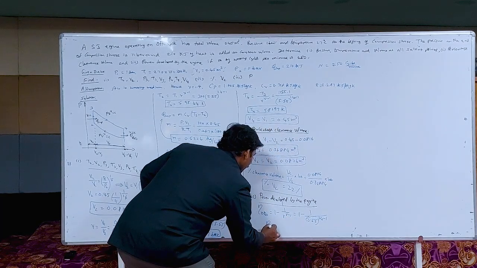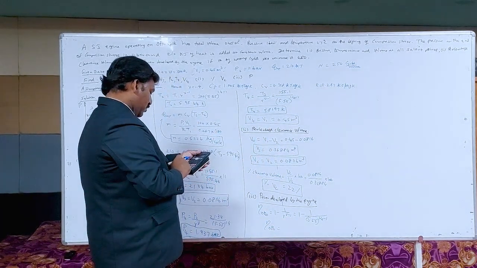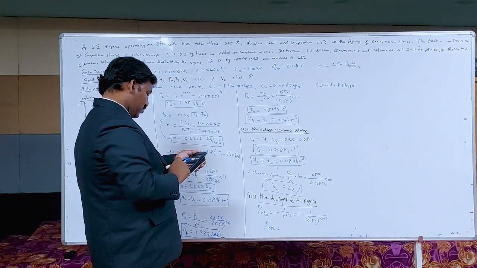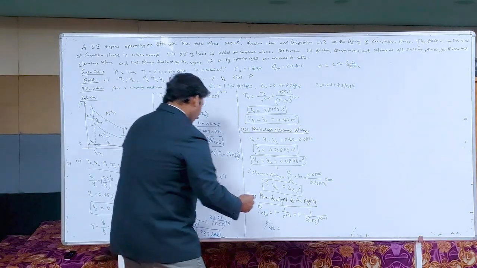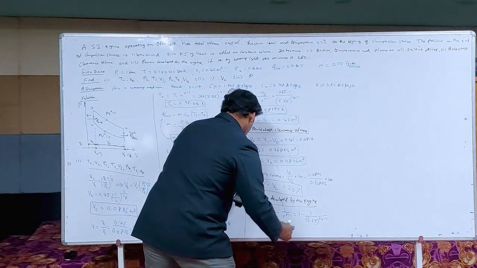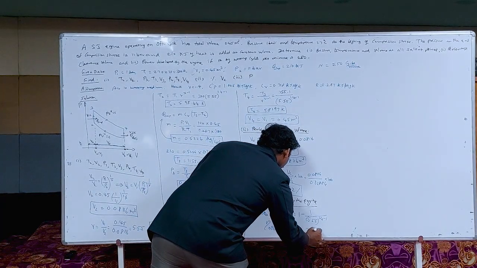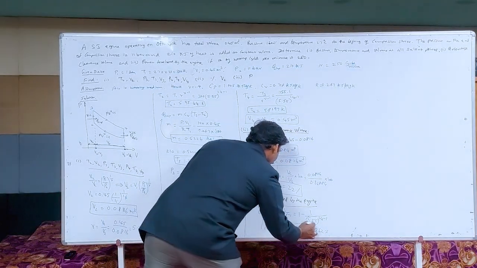So the efficiency is 0.496162, that is 49.62 percent. This is the efficiency of the Otto cycle.